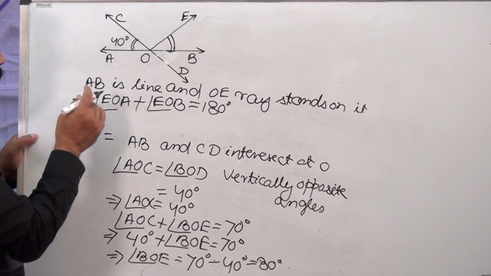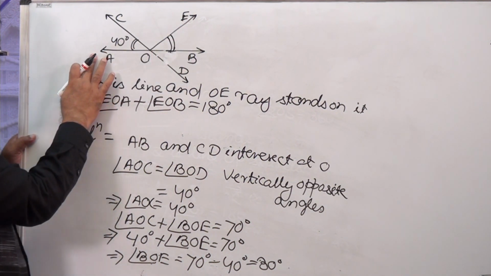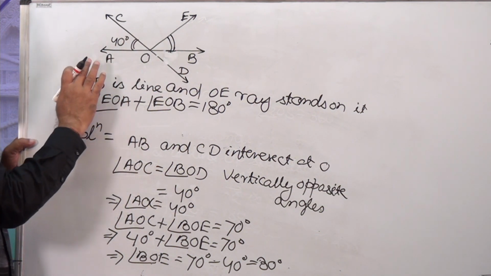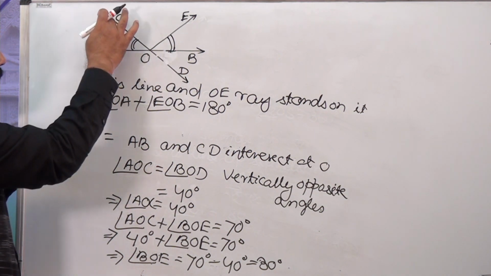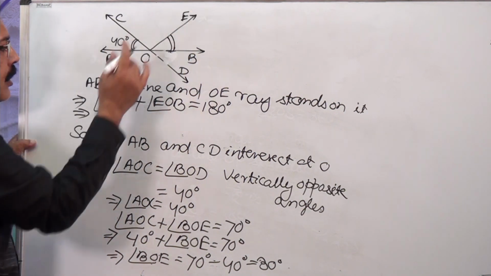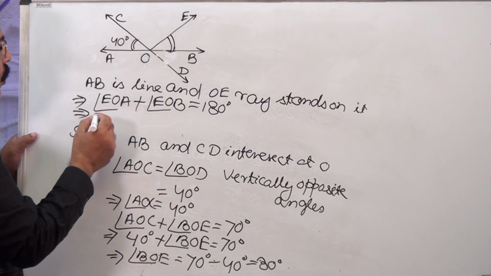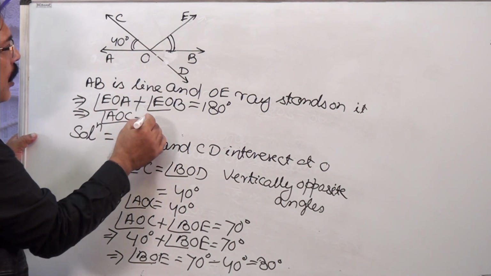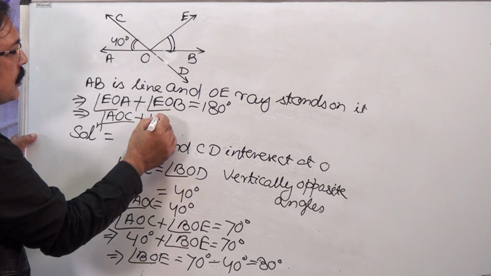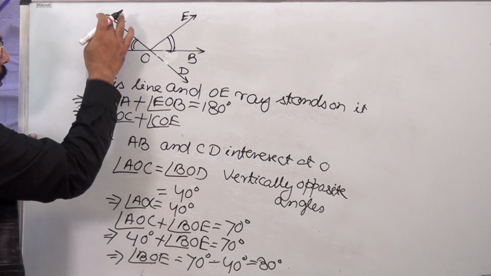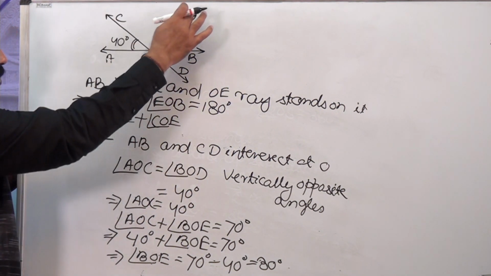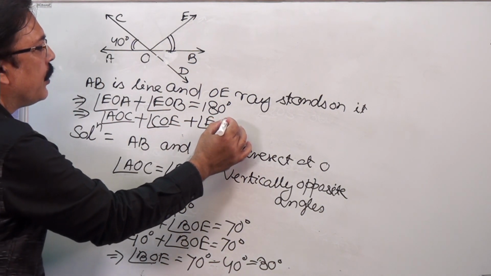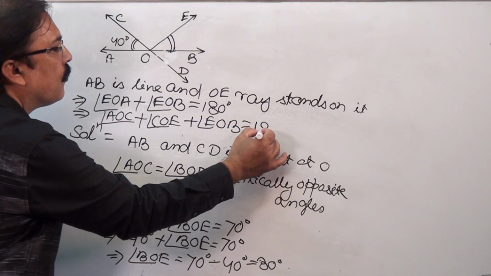This implies, what is EOA? This is again formed by two adjacent angles, that is COA and COE. So we can write EOA as AOC plus angle COE. AOC plus COE plus angle EOB is equal to 180 degree.